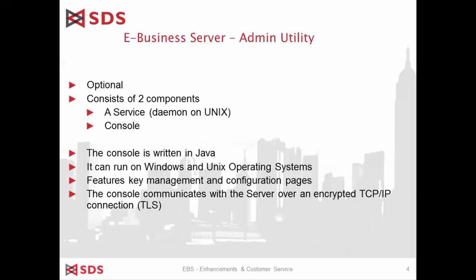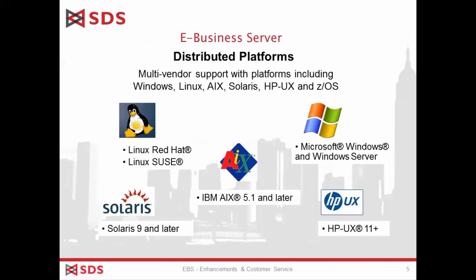The service resides on the same computer as the eBusiness Server, but you can install the console on any Windows computer. This means that you can use the eBusiness Server admin utility to access and configure eBusiness Server remotely. Again, here is a list of our distributed platforms that you can run eBusiness Server on, and they include Linux, Windows, HP-UX, Solaris, and the AIX platform.